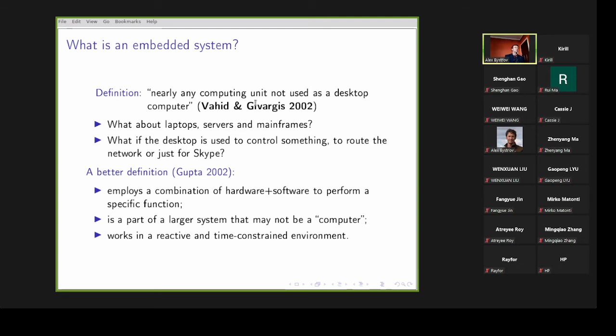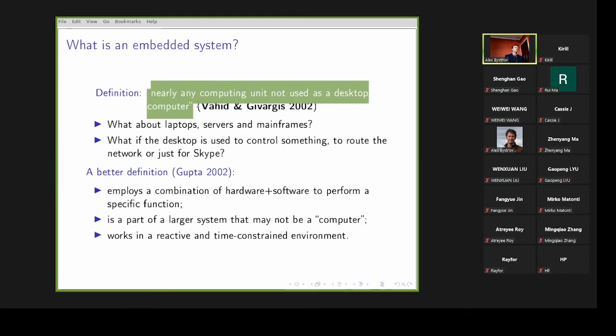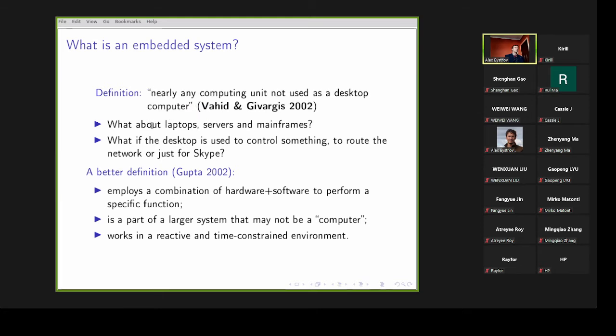So they try to define it as nearly any computing unit not used as a desktop computer. Right, but what about laptops, servers, mainframes? They're also computers. They also can do just the basic computation and produce results in a table. So why the desktop computer?